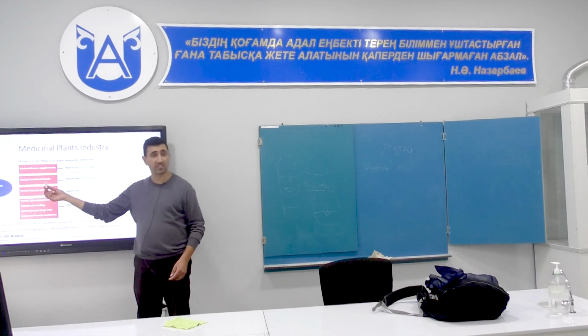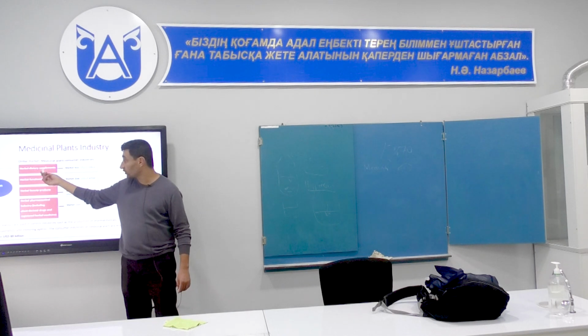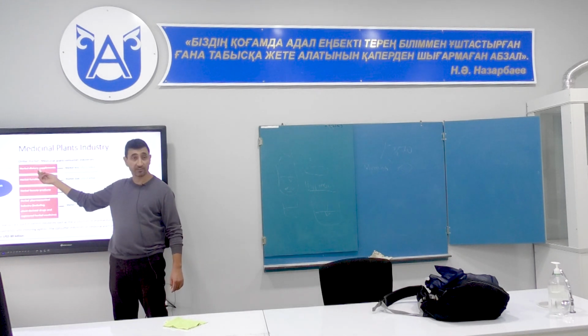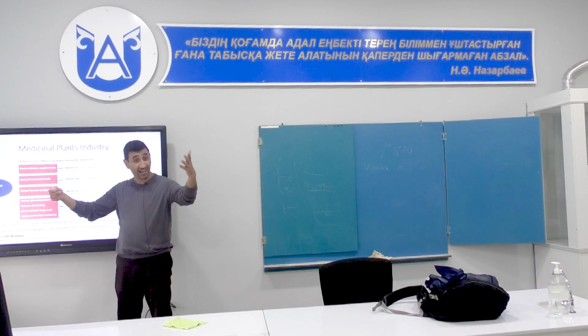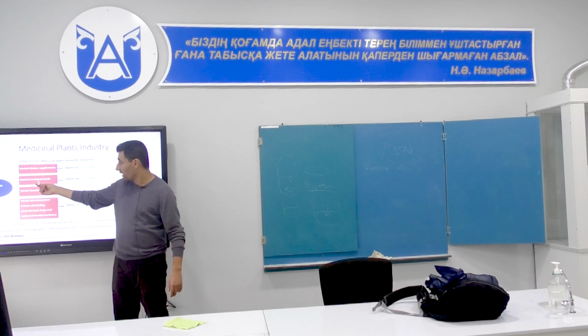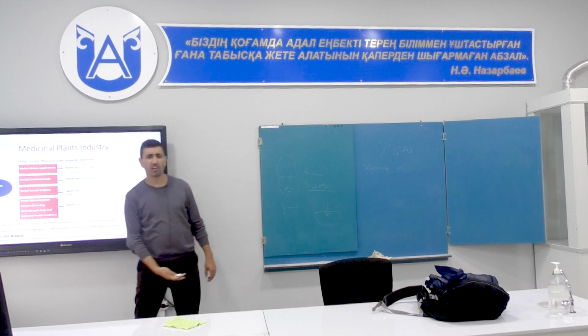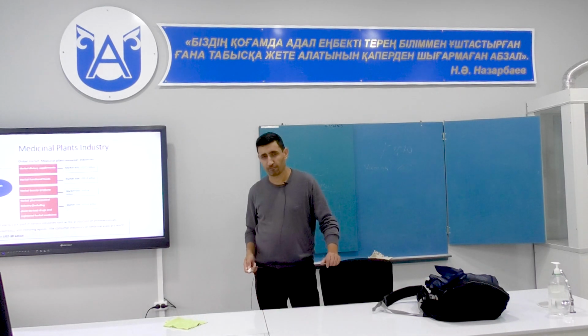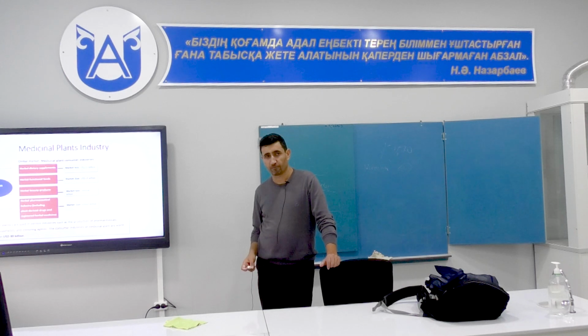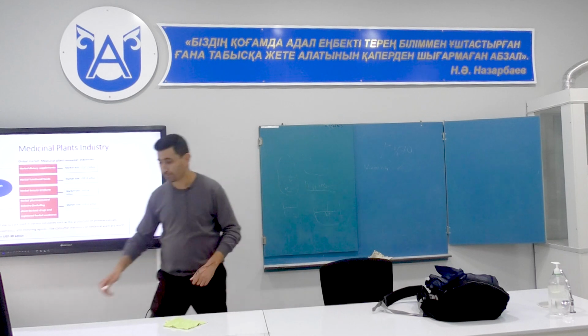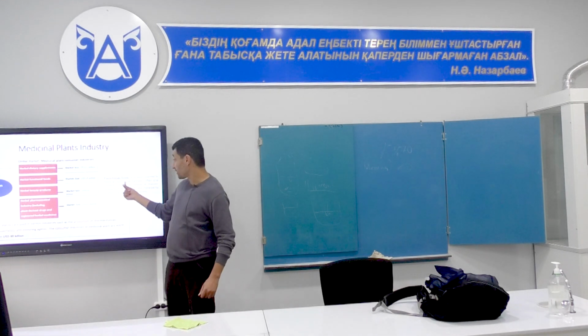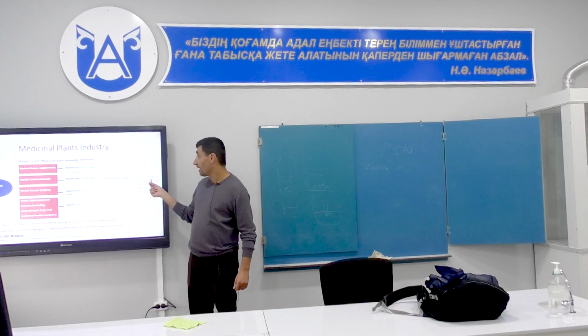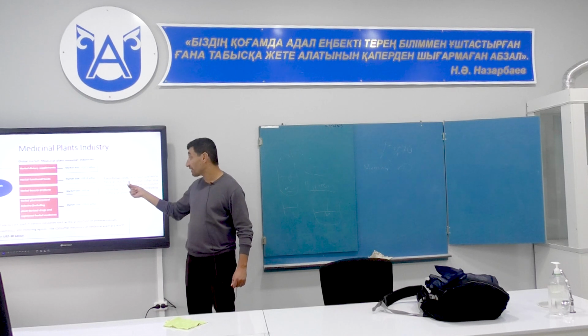In which fields is the medicinal plant used? It's used for dietary supplements to support the diet, our food. Herbal functional food. What's functional food? Functional food is food that has additives.